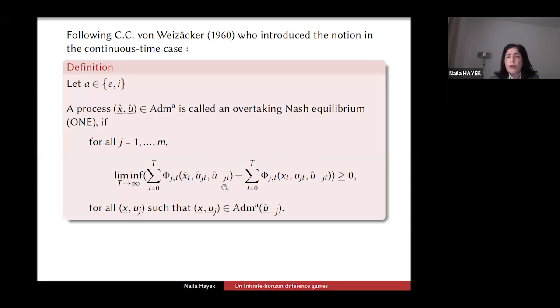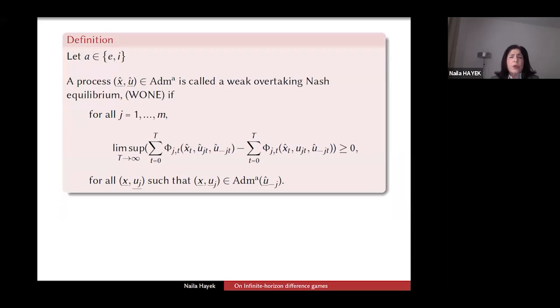The first finite sum is evaluated at x hat t, u hat jt, which are part of the process x hat, u hat, and I'm comparing it to other x_t, u_jt, which are part of any other admissible process, given u hat minus j. So this is one notion.